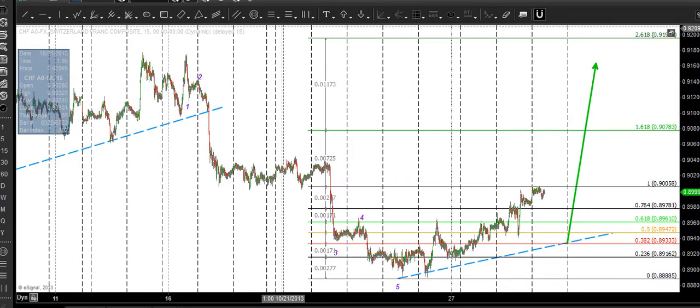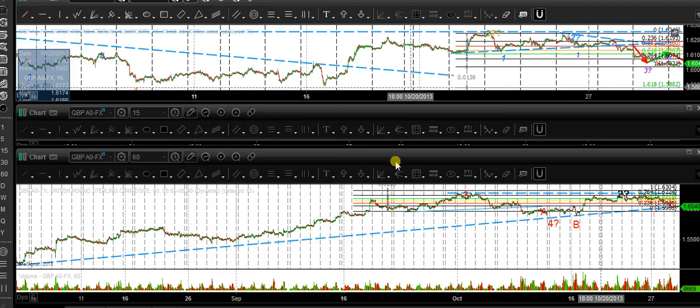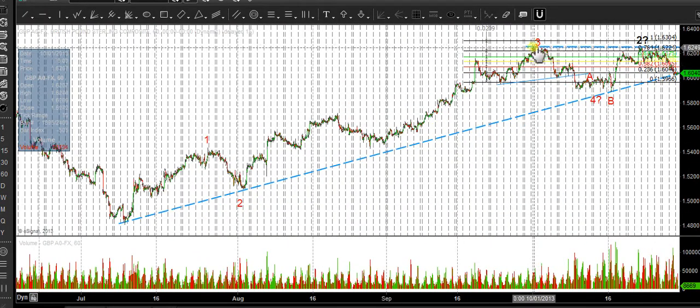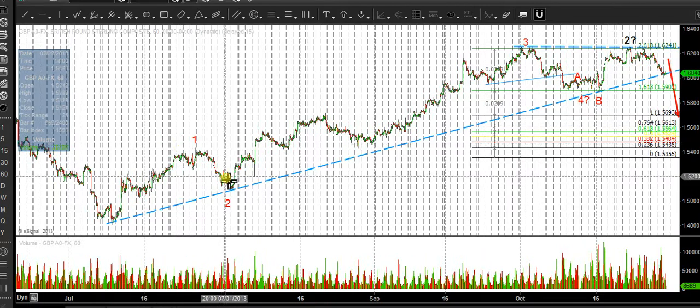Now let's just shift gears over to the pound. With the pound dollar, we initially had this pair labeled at 1, 2, 3, 4, 5, and then this would be the end of wave 2, that larger wave 2.